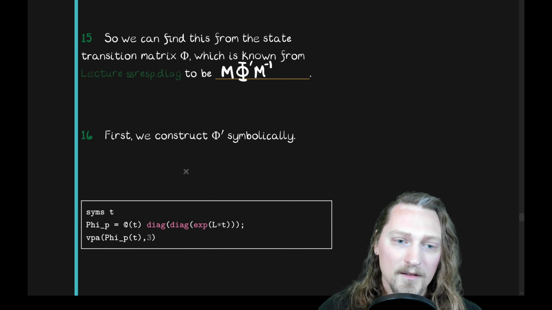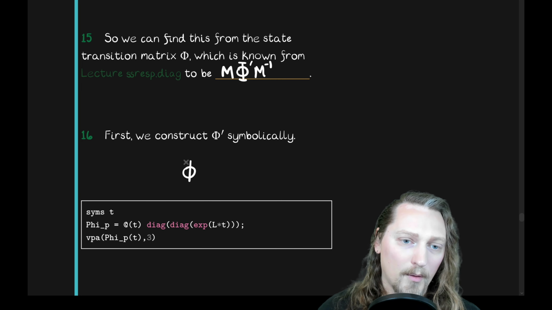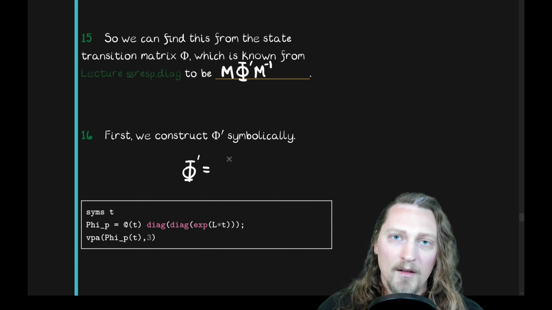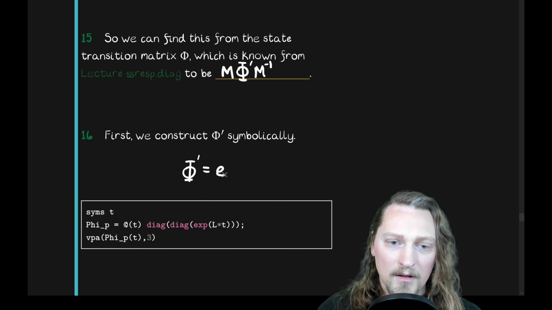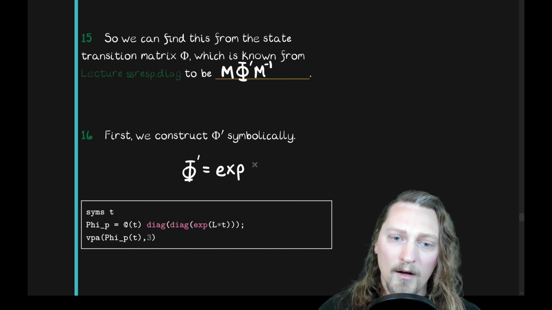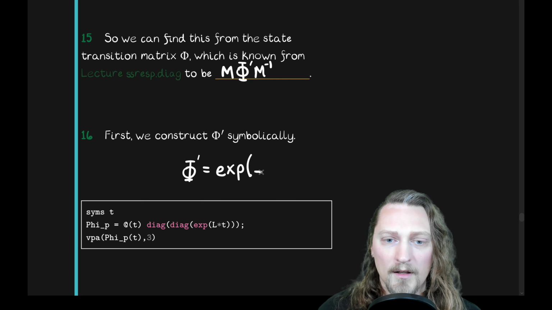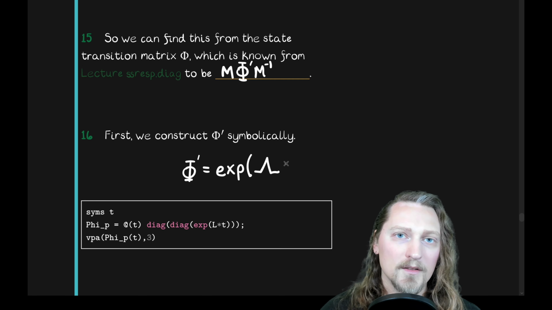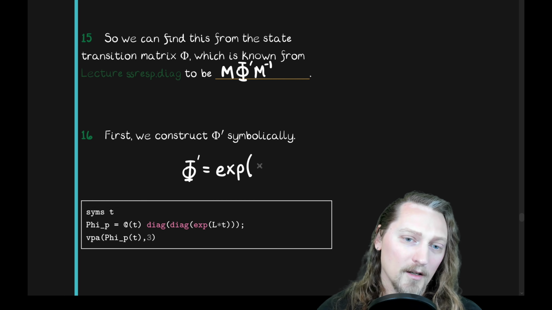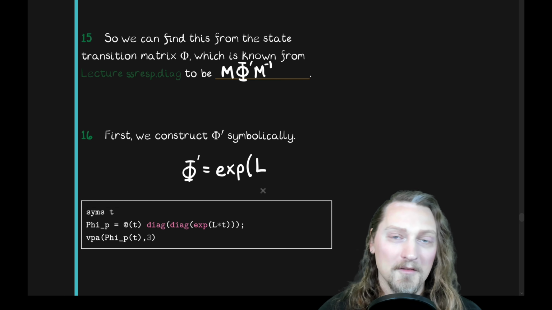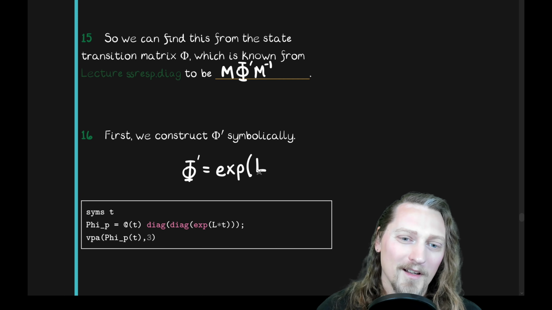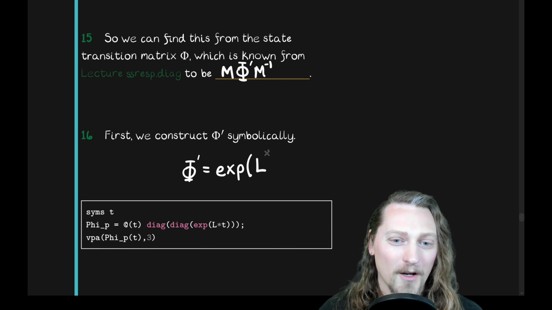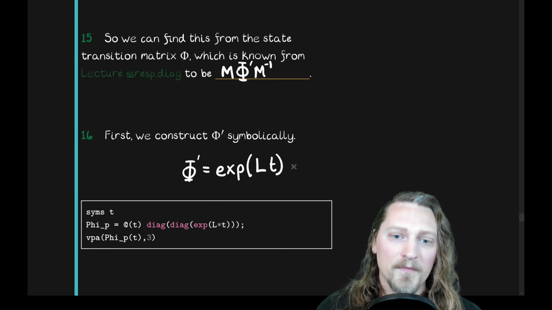Remember that the state transition matrix in the primed basis is simply equal to the matrix exponential of the eigenvalue matrix, which we usually write symbolically as capital lambda, but here we are using L, because we've defined that matrix already from the eig function in MATLAB, times t.